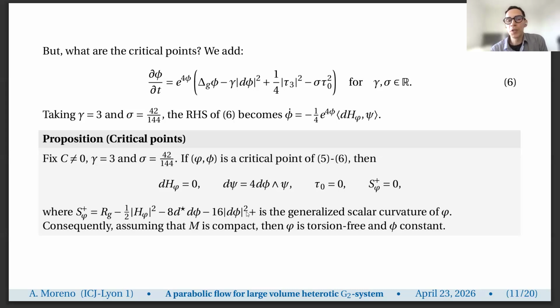But this property is just for one particular choice of these parameters. So we can try to look if there are other interesting choices for these parameters.